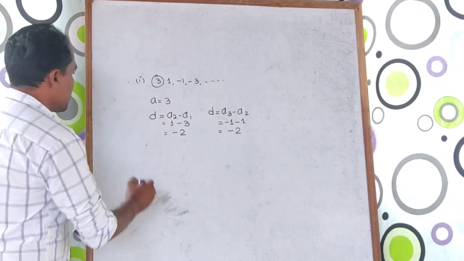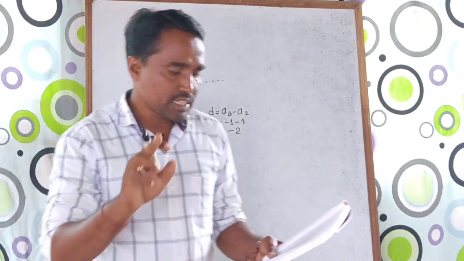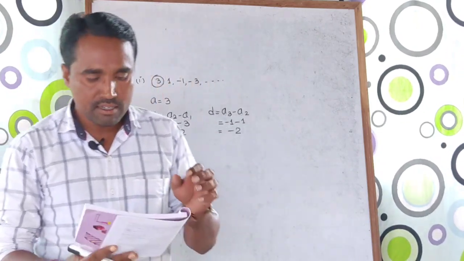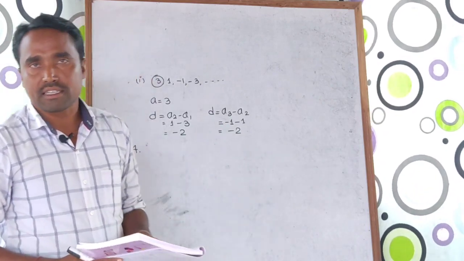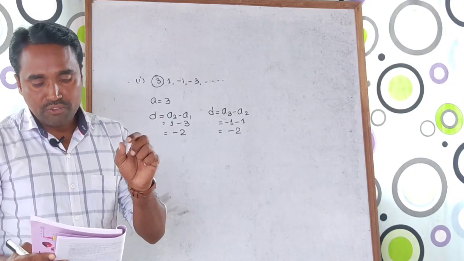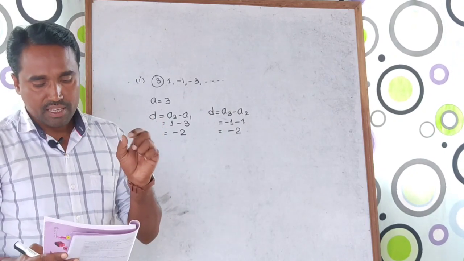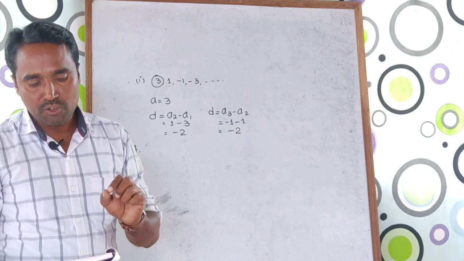So if I take exercise 1.1, question four, there are almost 15 questions there. In each question it has asked which of the following are APs. If they form an AP, find the common difference D and write 3 more terms.